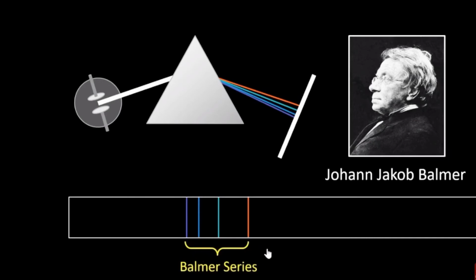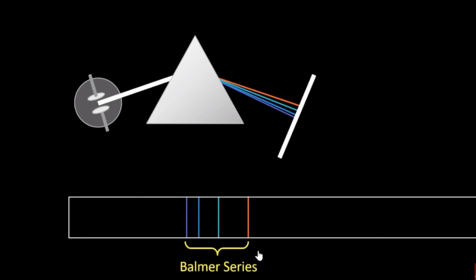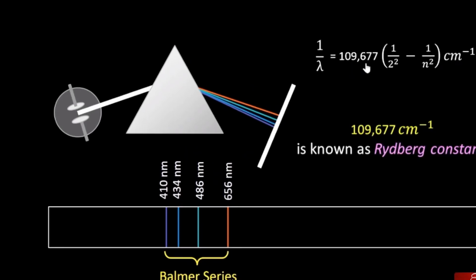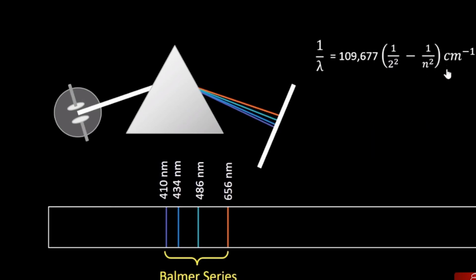A scientist named Balmer showed in 1885 on the basis of experimental observations that if spectral lines are expressed in terms of wave number, then the visible lines of the hydrogen spectrum obey a particular formula, that is 1/λ, the wave number, is equal to a constant times (1/2² − 1/n²) cm⁻¹.